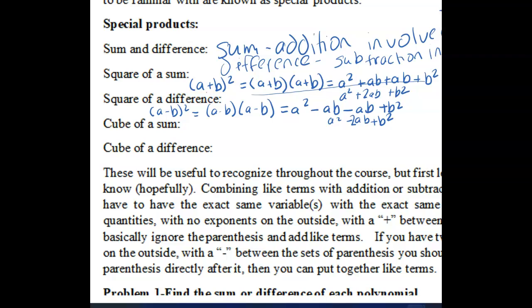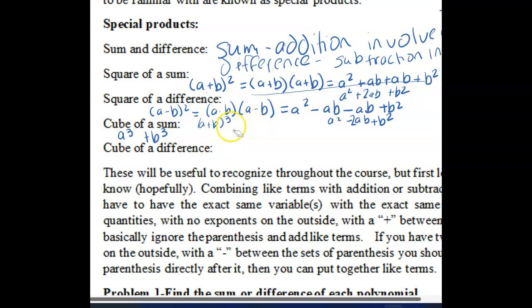Cube of a sum is actually going to look something like a cubed plus b cubed, and that's it, versus a sum of a cube would look something like a plus b quantity cubed, which I think you guys can figure out just by doing this part multiplied by another one of a minus b's.